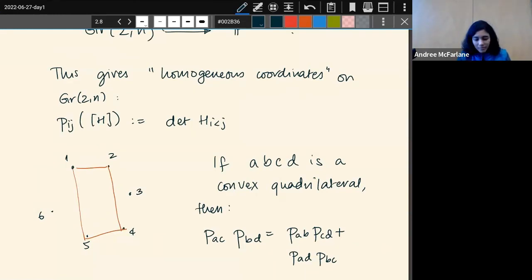Okay, so the only thing I want to say about this is that the homogeneous coordinate ring of the Grassmannian is actually giving you a concrete realization of the algebra that I showed you previously. And so this, in retrospect, gives you a proof, I think, that the cluster algebra that I showed you is of finite type. So here it is. I mean, this is what it looks like. Okay, I'll stop here.